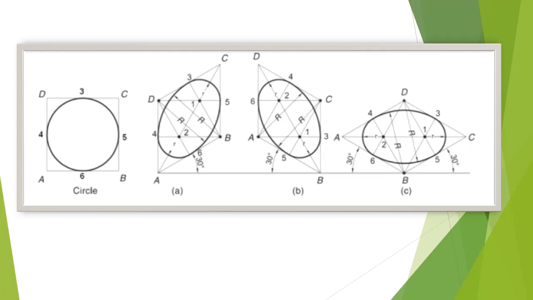Draw another arc 4, 6 with same radius but 2 as a center. With B as a center and radius B3, draw an arc 3, 4. Draw another arc 5, 6 with same radius but with D as a center.